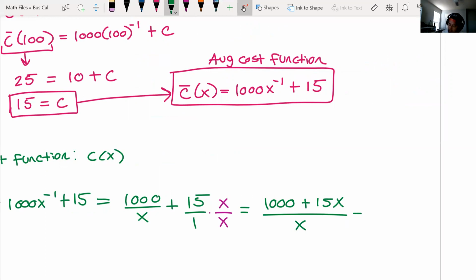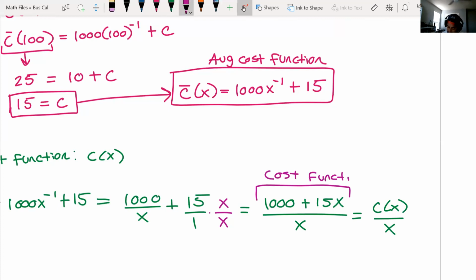And now you have C bar of X, which is C of X over X. So the numerator ends up being your cost function, because that's how the average cost works.